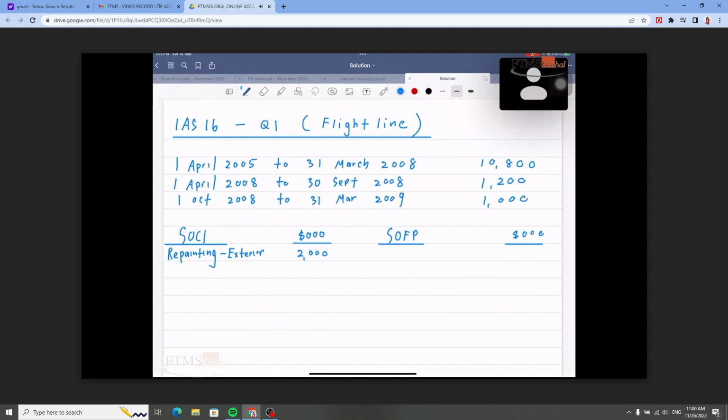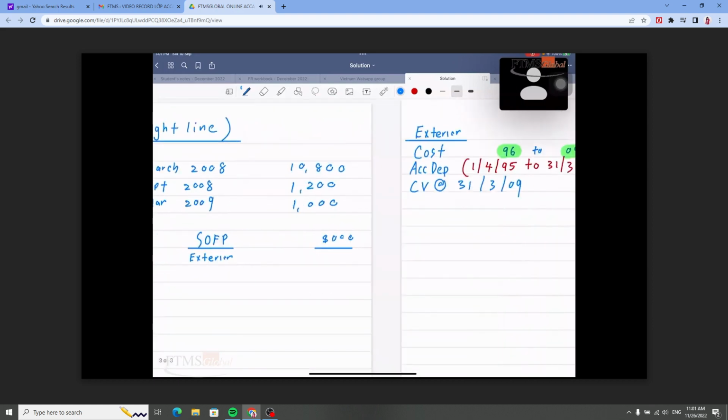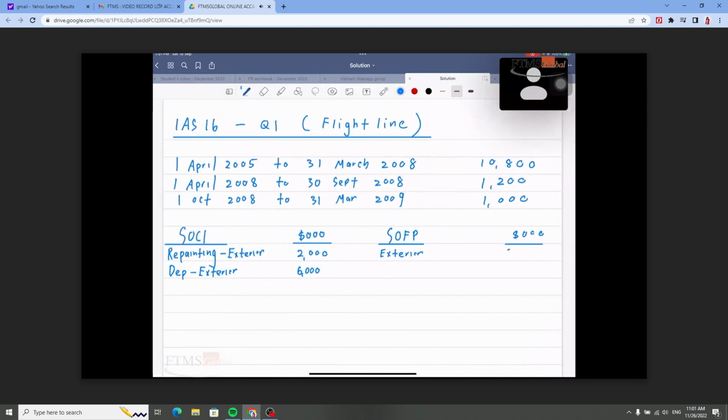Depreciation for my exterior is 6,000. Then in my SOFP, I just need to put exterior, which is 36. Just like that. So we are done for exterior.